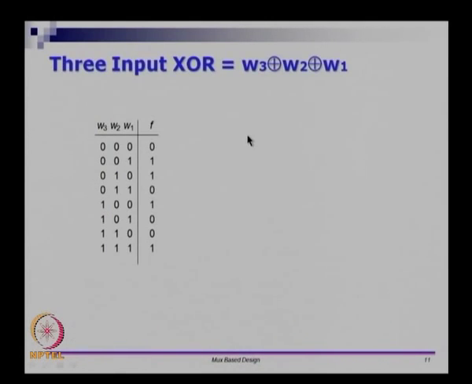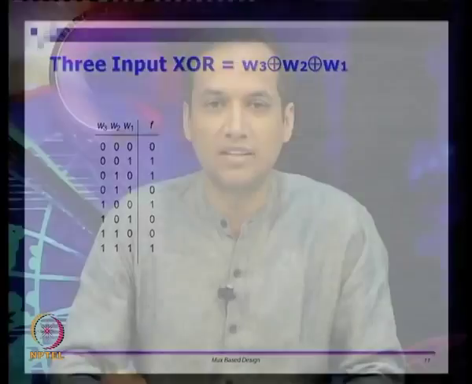Now I am going to take you through a few other examples. At this point I want you to acquire one basic skill that is needed for a lot of logic design. If you are given a K-map of 2 inputs, you should be able to recognize whether the truth table is for AND, OR, XOR or XNOR immediately.